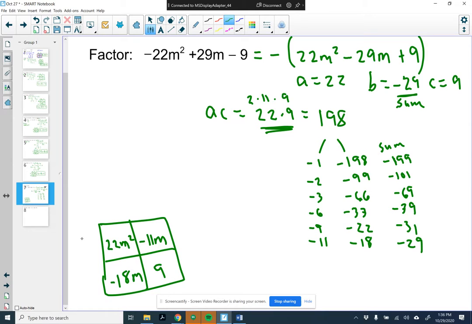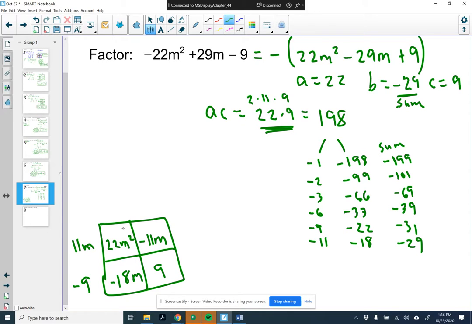Greatest common factor for the top row, 11m. 22 and 11 are both divisible by 11. Bottom row, -18m and 9. That's going to be -9.